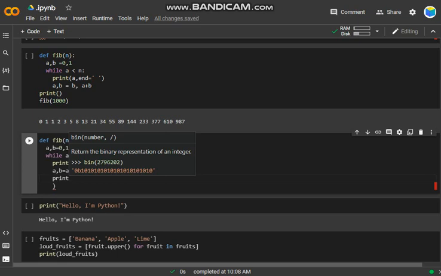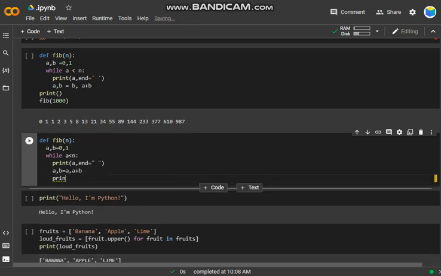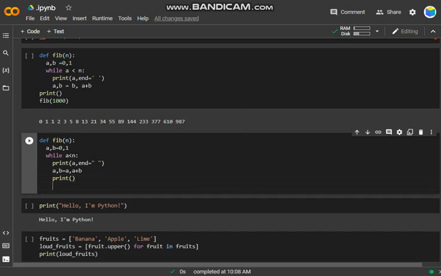So I need to write this one as a print and parenthesis, and then write fib, Fibonacci, and need to write 1000, till 1000.